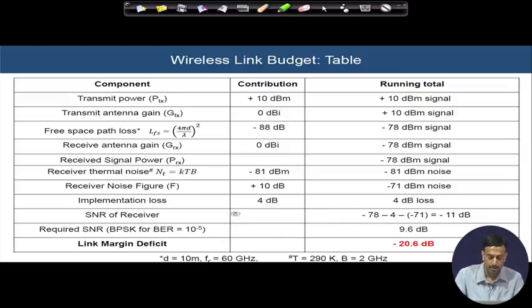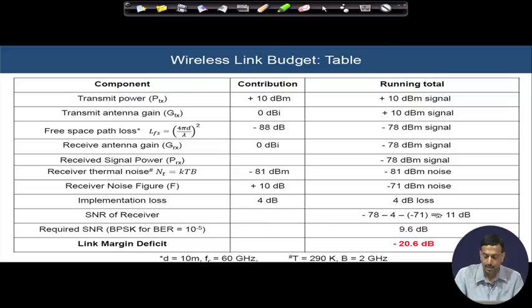Now we already know from theory that for a target BER of 10 to the power of minus 5, BPSK mandates an SNR requirement of about 9.6 dB. This can be obtained from the BER, or bit error rate, curve versus SNR for a typical BPSK system.